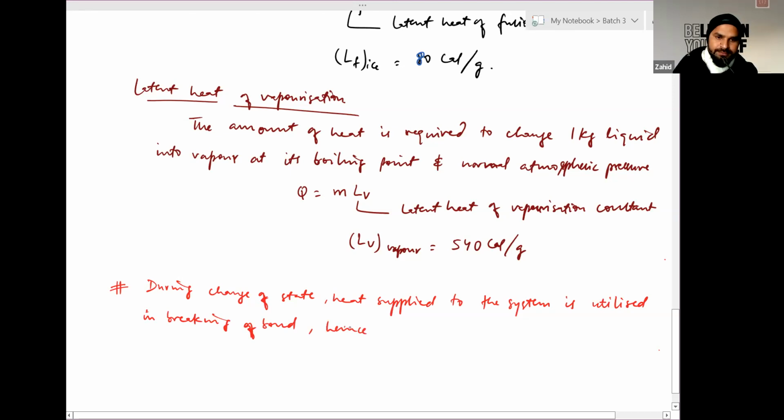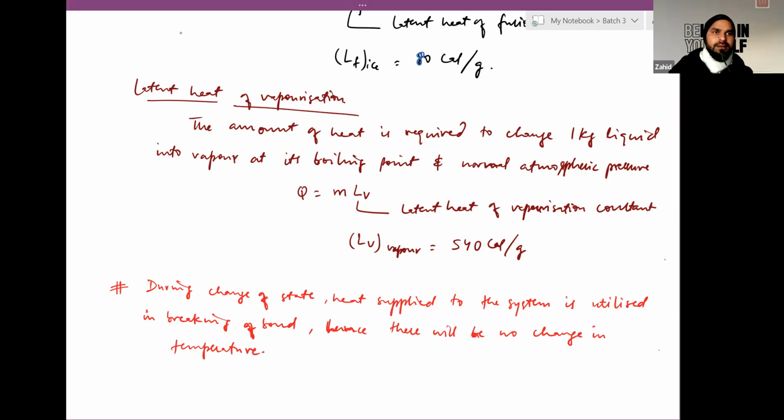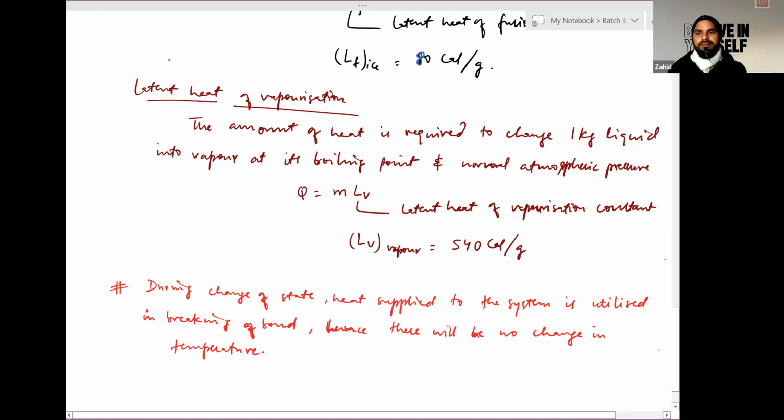Hence, there will be no change in temperature. That's why it is called hidden heat or latent heat. Okay, you all have written?